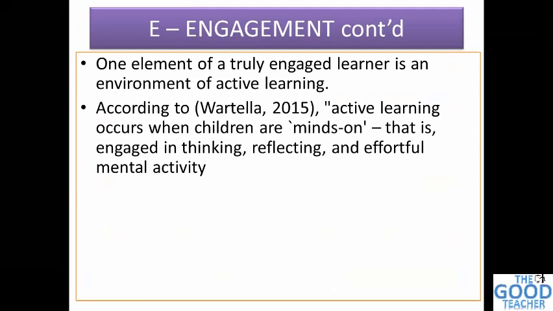So active engagement, when students are minds-on, when they are focused, when they are really engaged in what they are supposed to know, or in the bit of creating knowledge that the teacher wants them to know, and they are able to reflect on it and then make a thoughtful mental activity on it, it means students are actively learning, or they are actively engaged.